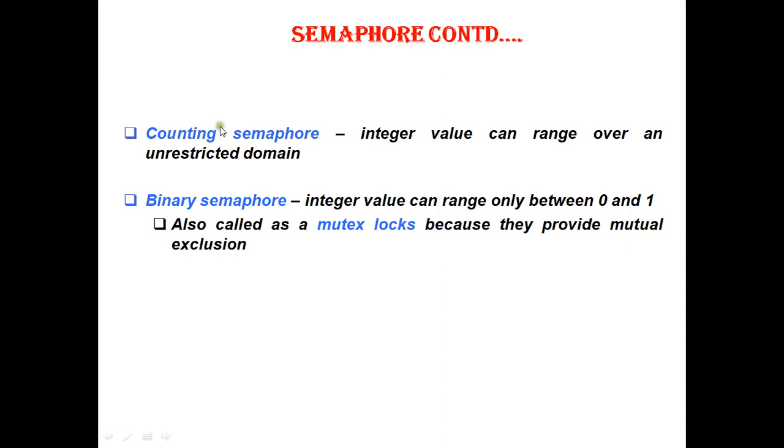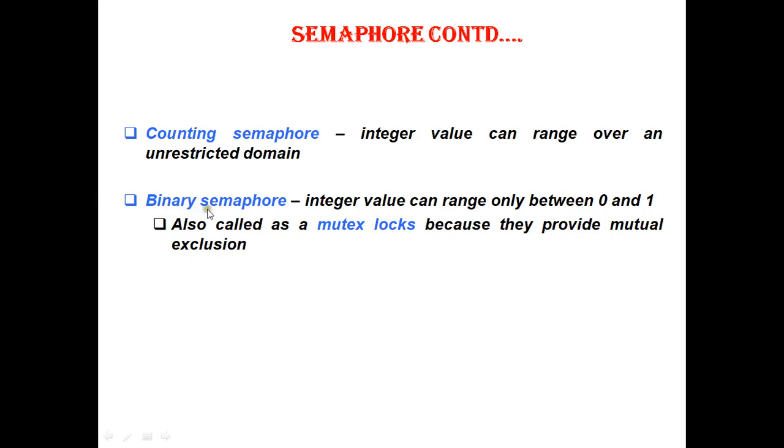Next, types of semaphore. There are two types of semaphore: counting semaphore and binary semaphore. A counting semaphore is an integer value that can range over an unrestricted domain. A binary semaphore can have only two values, 0 and 1.